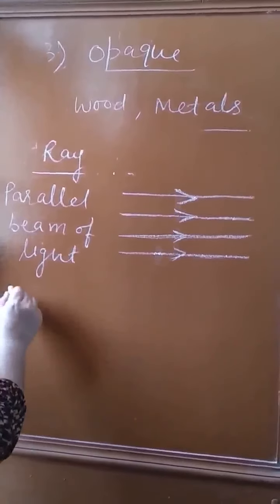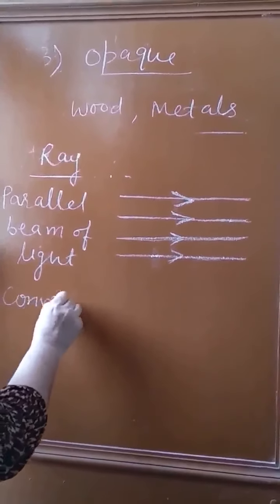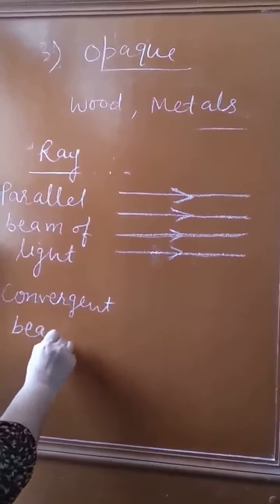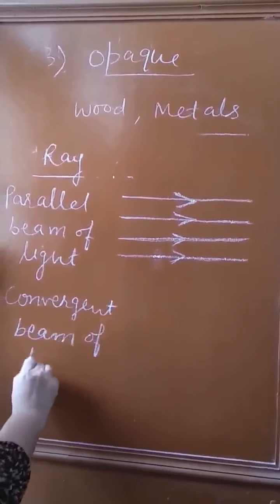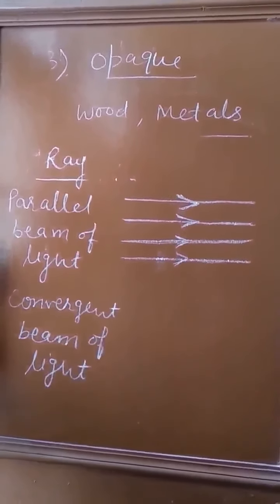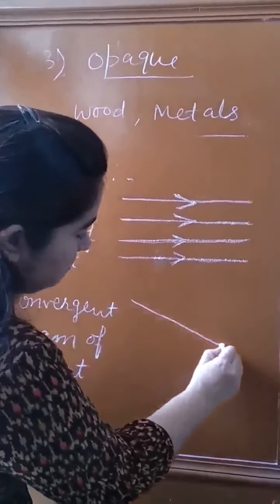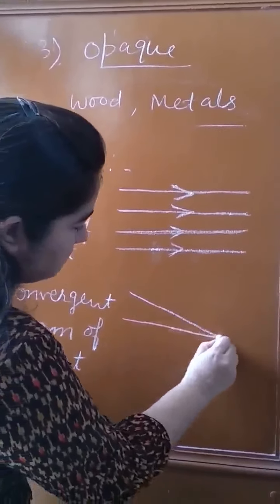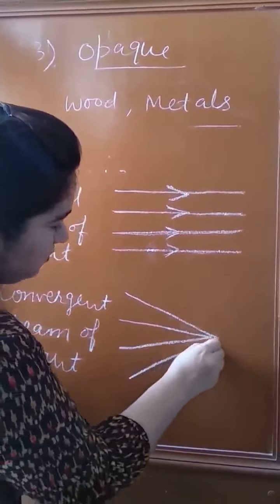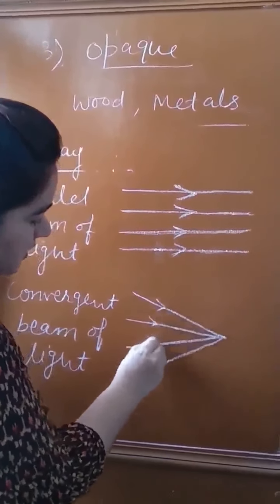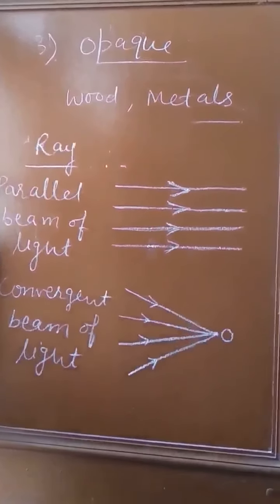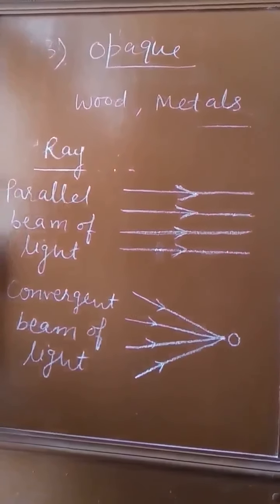Next one is convergent beam of light. When a number of rays meet at a point, this is called a convergent beam of light.